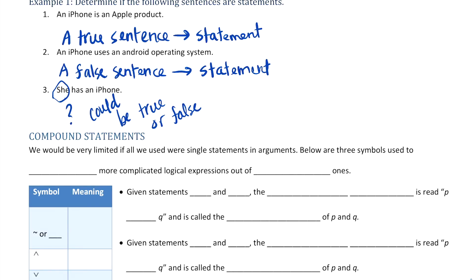All right? Compound statements. We would be very limited if all we used were single statements in arguments. Below are 3 symbols used to build logical expressions. So we build more complicated logical expressions out of simpler ones, just like your regular word problems.